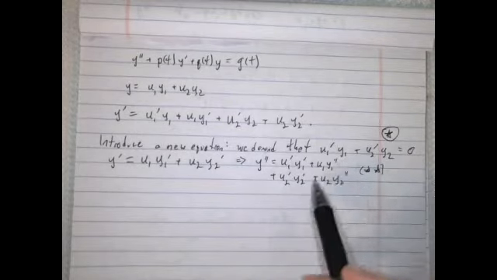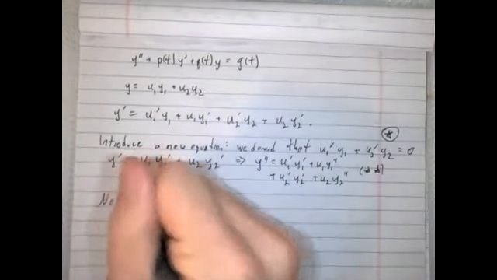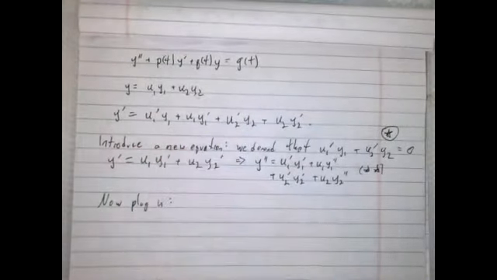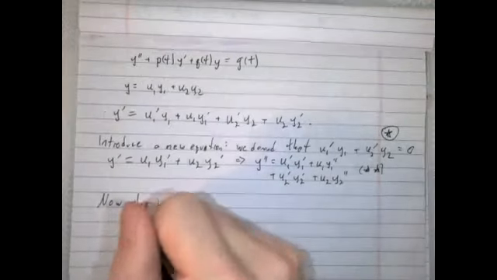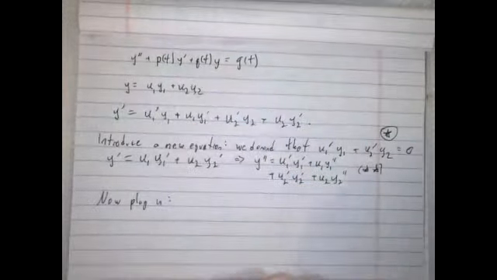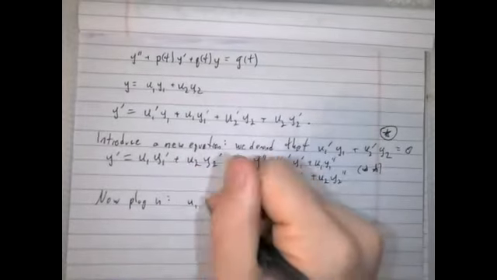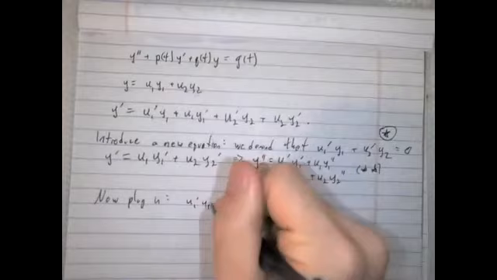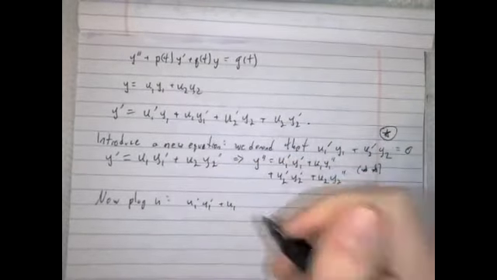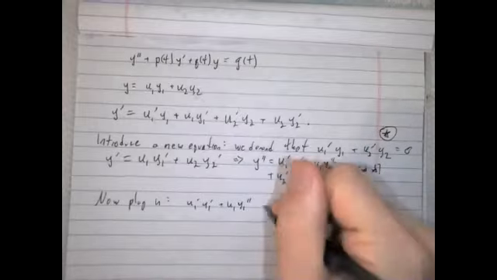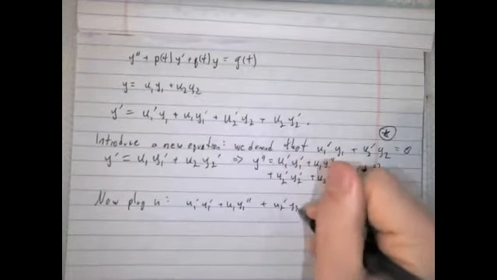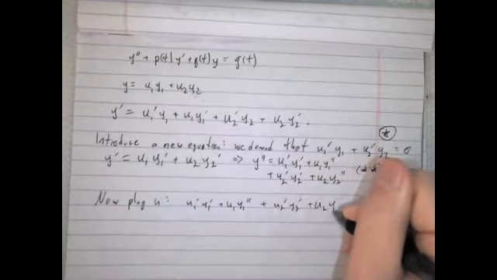So now these are the two equations that we want to solve for, and let's now plug in. What we have is this big thing for y double prime: u1 prime y1 prime plus u1 y1 double prime plus u2 prime y2 prime plus u2 y2 double prime.